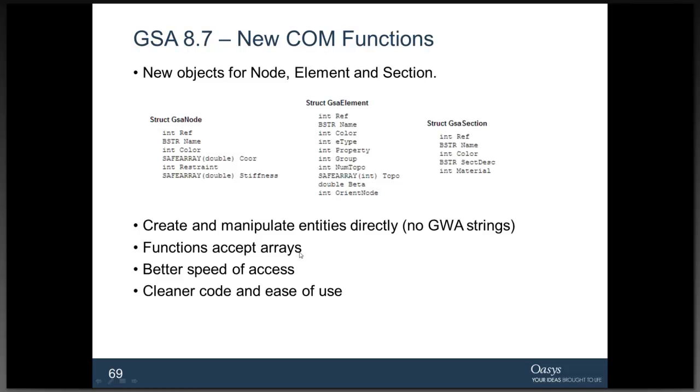That way you can either retrieve or set nodes, elements, and sections in the GSA data structure quite quickly. That gives you better speed of access, and overall it results in cleaner code that's easier to use and understand.